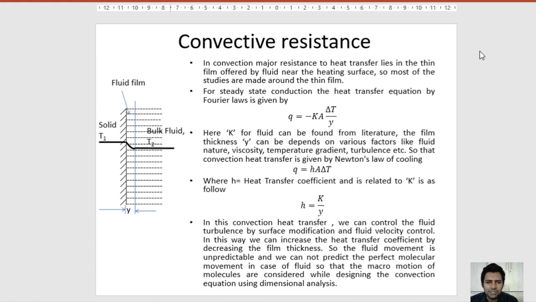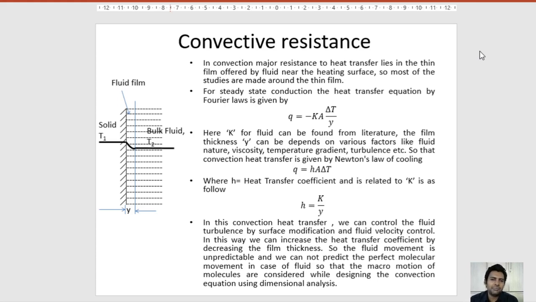A solid is in contact with the bulk fluid, and when there is surface heating or some heat transfer between the solid and the fluid, near the solid surface a film is formed, known as the fluid film, which has a thickness of around a mm, and the temperature difference is T1 minus T2, the temperature flowing from the solid to the fluid from T1 to T2. The fluid film offers resistance to the convective current or convective heat transfer.